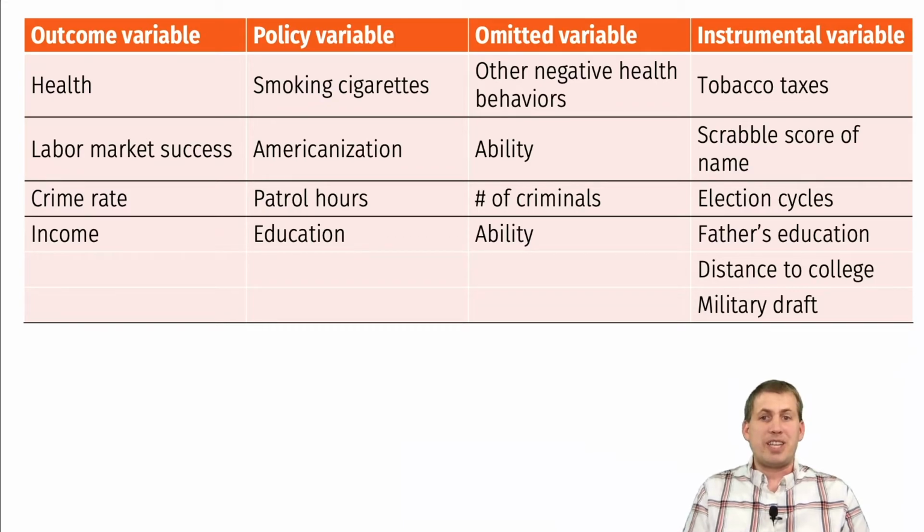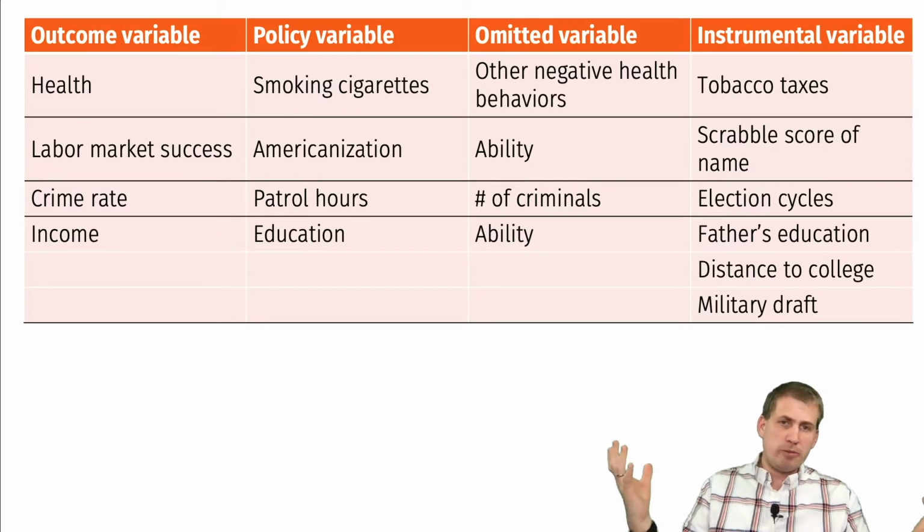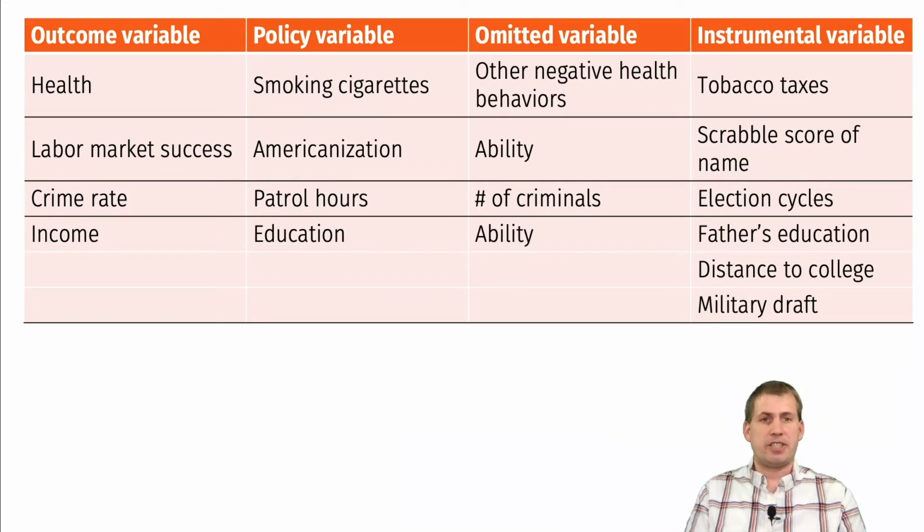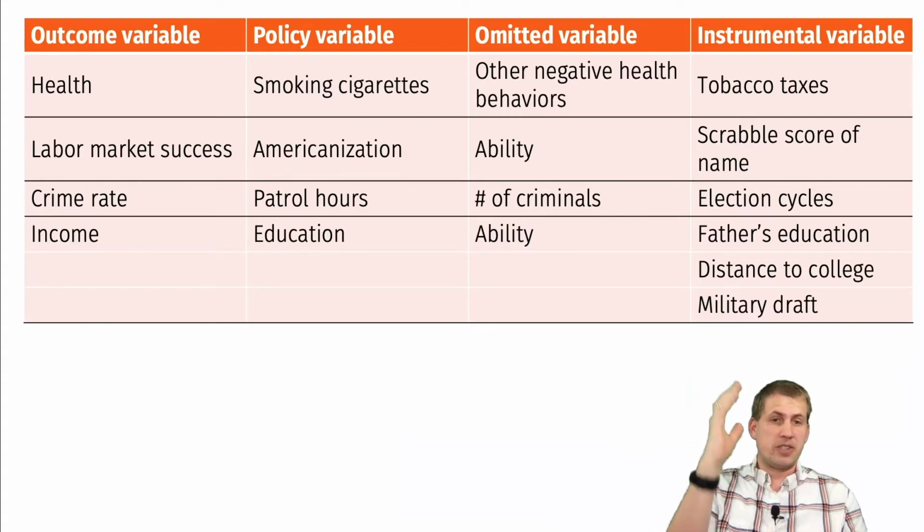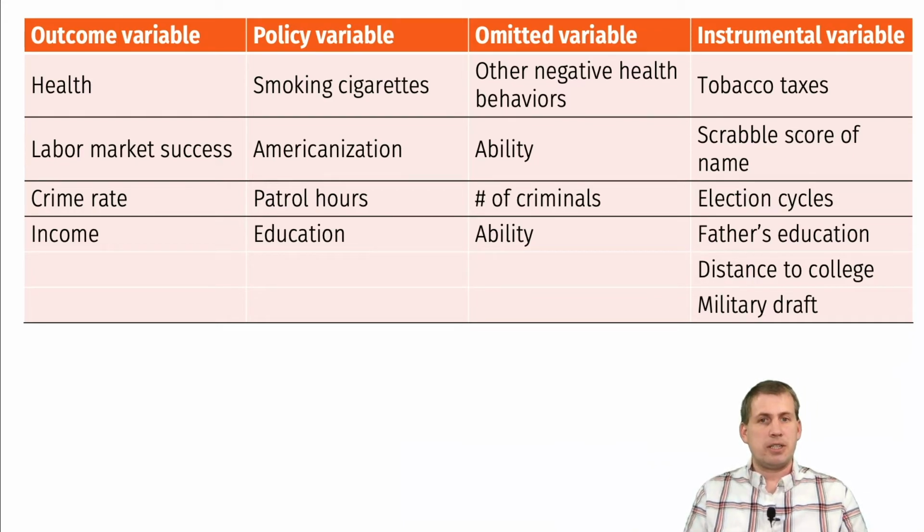The relationship between education and income, we've been talking about this throughout this lecture here. Father's education, people use that. People have also used distance to university, or whether or not you're drafted into the military, because then you get VA benefits or GI benefits, and you can increase your education.